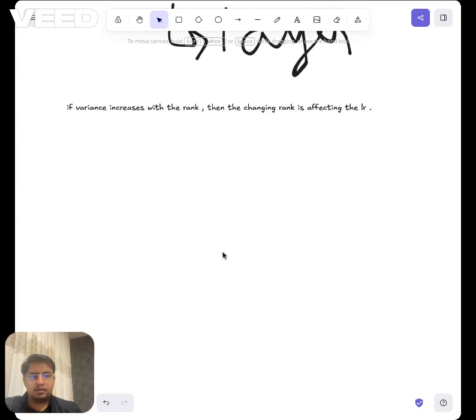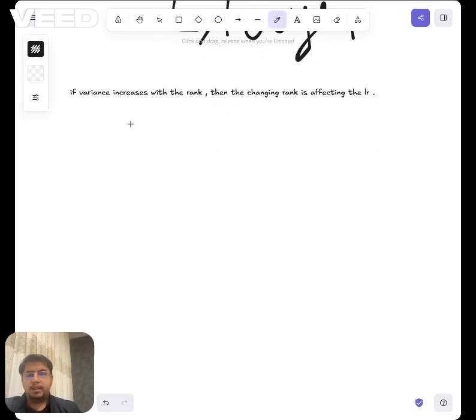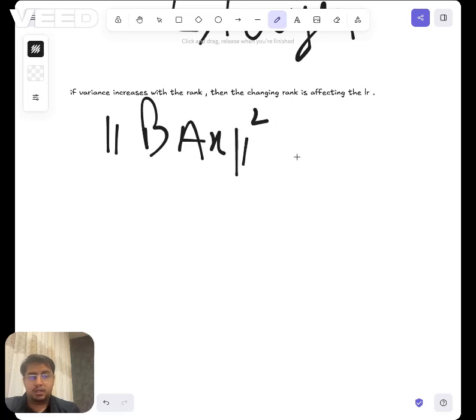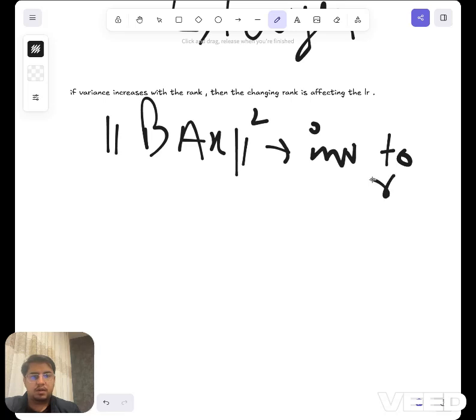The product B times A times X, squared, since the normalization we are using is Frobenius normalization, should be invariant to R. Being dependent on R would make it impractical as a method to use in fine tuning.